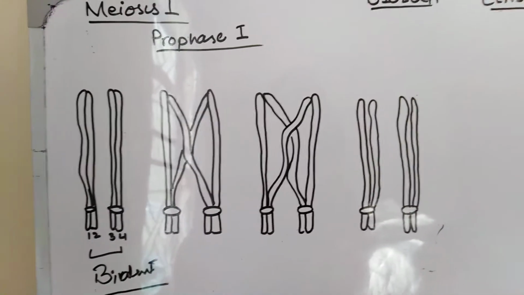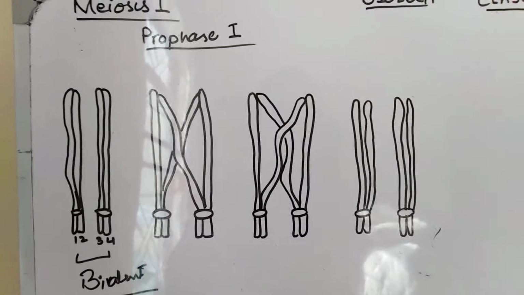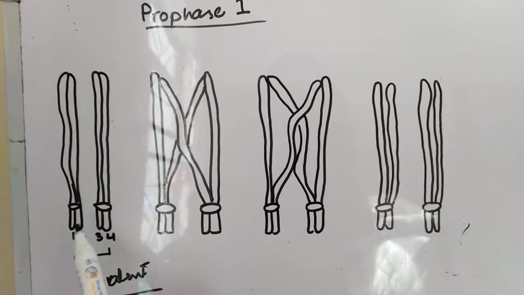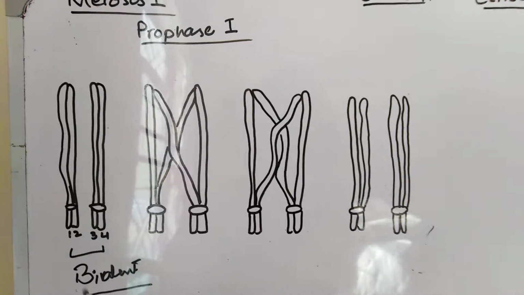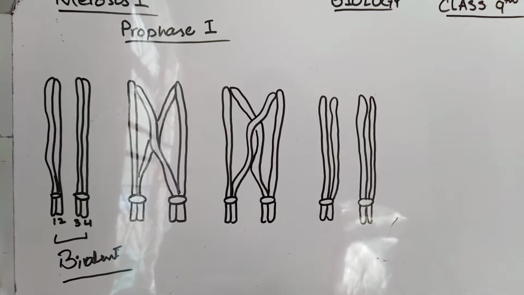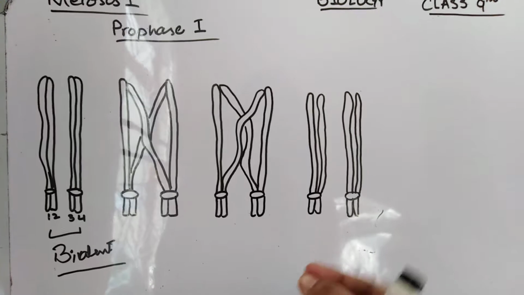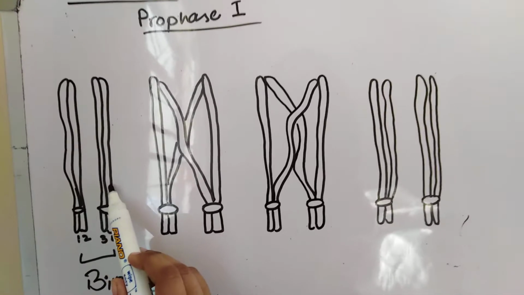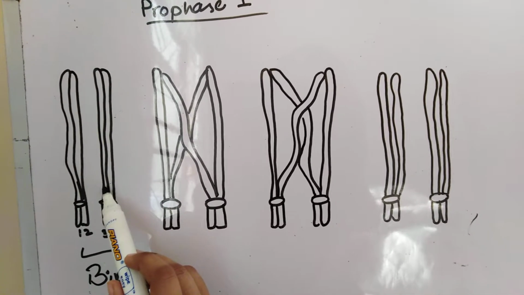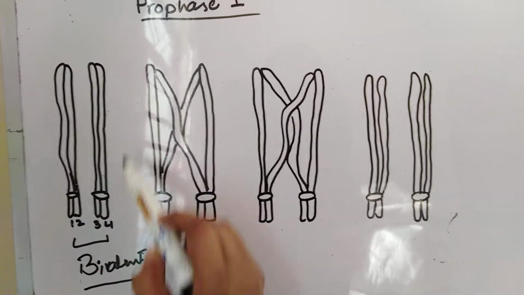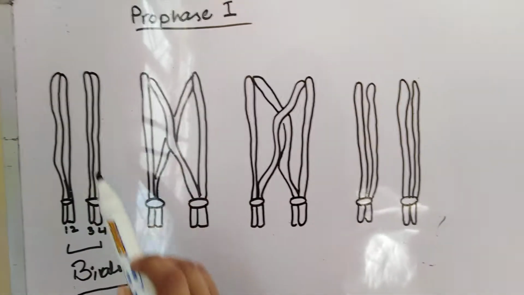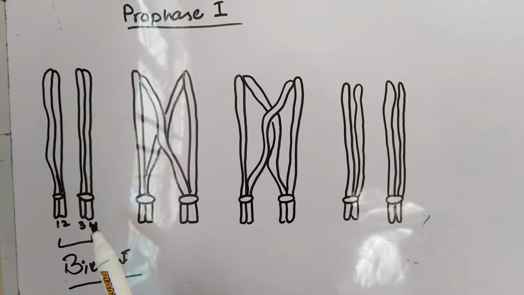It may also be known as a tetrad. Why is it known as a tetrad? Because it has 4 chromatids: 1, 2, 3 and 4. One arm is one chromatid, and the complete pair, meaning 2 chromatids, is known as a chromosome.